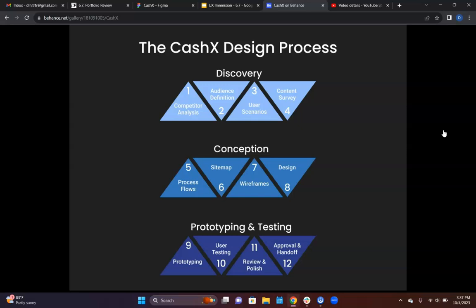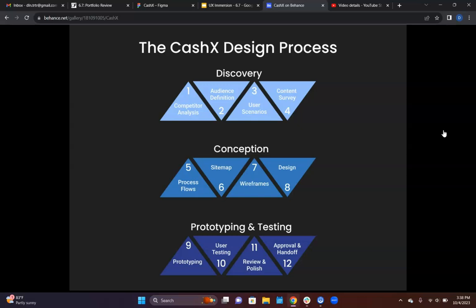Then it's on to a conception phase where we start mapping out the content of the app, mapping out the flows a user would take through different processes within the app, and then designing wireframes to determine what the app's going to look and feel like.